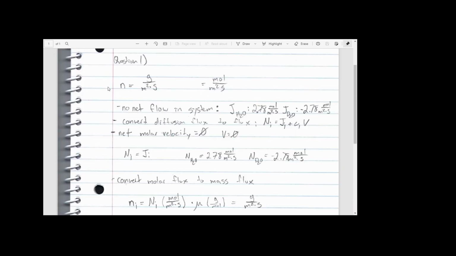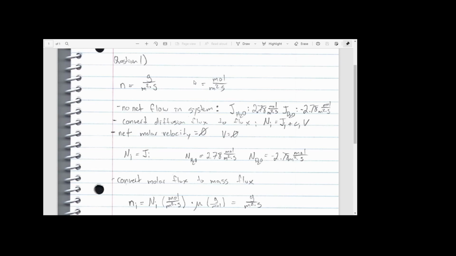Question 1. In this problem, as previously stated, we are looking for the overall mass flux, N, at the given maximum molar diffusive flux. Mass flux is a mass, like grams, over meters squared seconds, which is a flow through a certain area, meters squared.